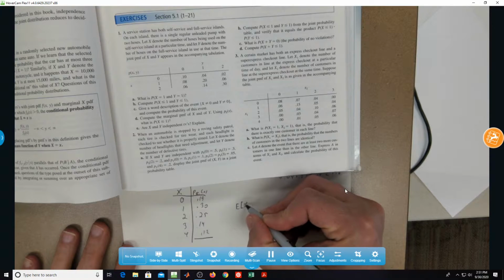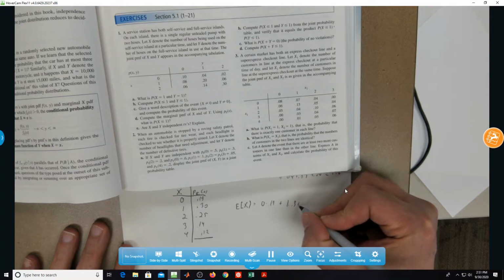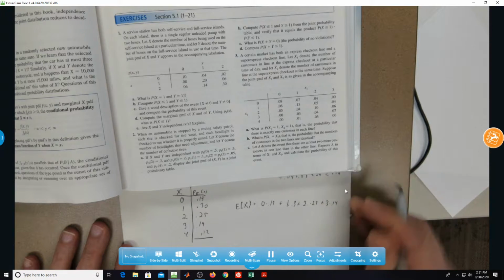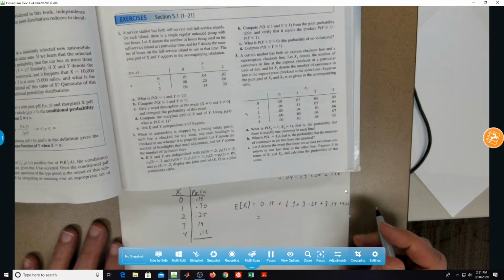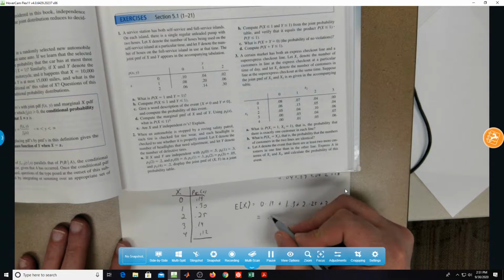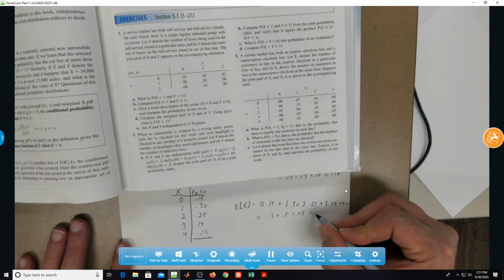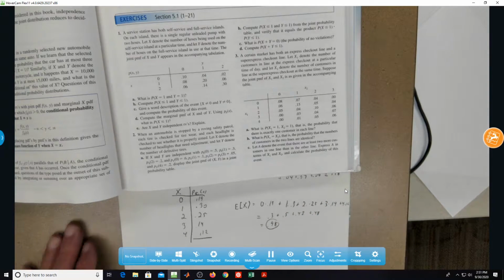So the expected value of x1 would be 0 times 0.19 plus 1 times 0.3 plus 2 times 0.25 plus 3 times 0.14 plus 4 times 0.12, and if we calculate that expected value of that marginal probability, let's see, 0.3 plus 0.5 plus 0.42 plus 0.48, 1.70, if I did my calculations correctly, and there's no guarantee of that.